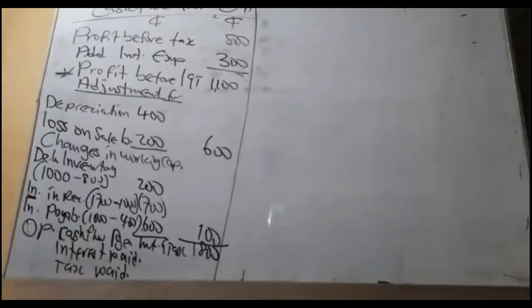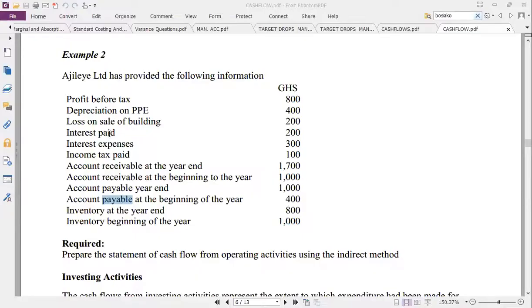Good. So interest paid on the question is interest paid 200. I'll put it here. 200. And then tax paid is what? 100.